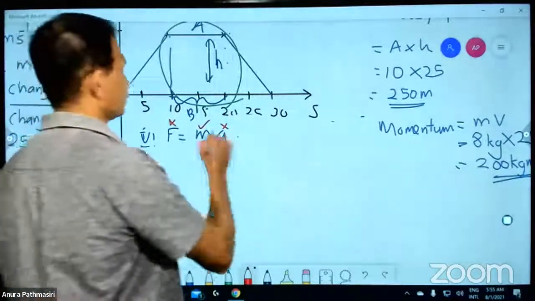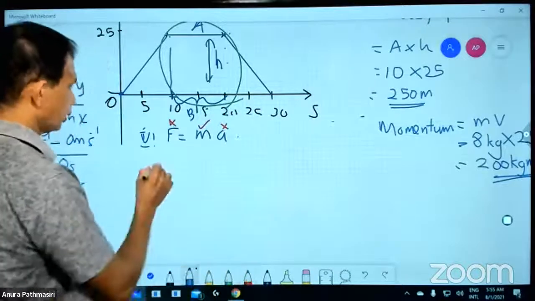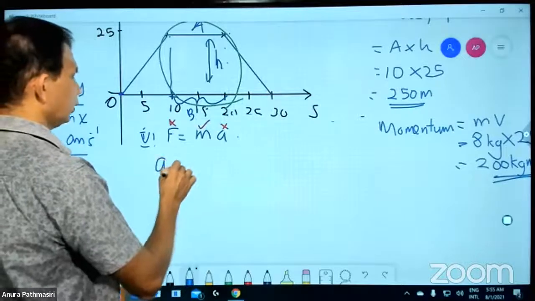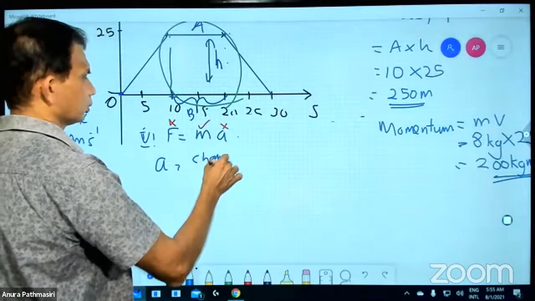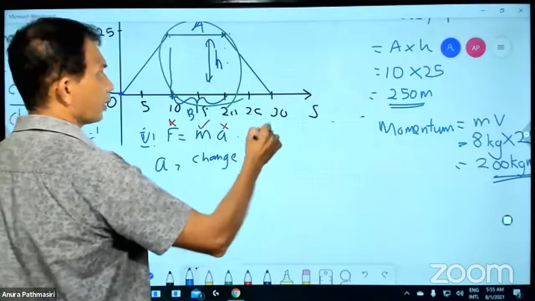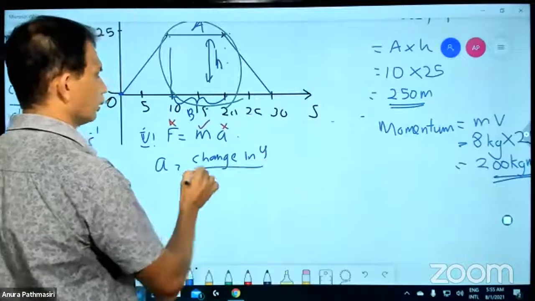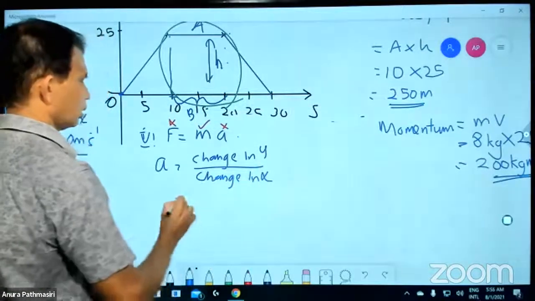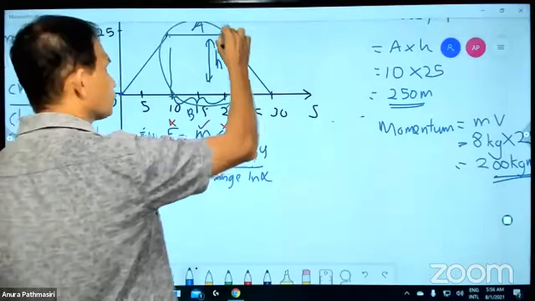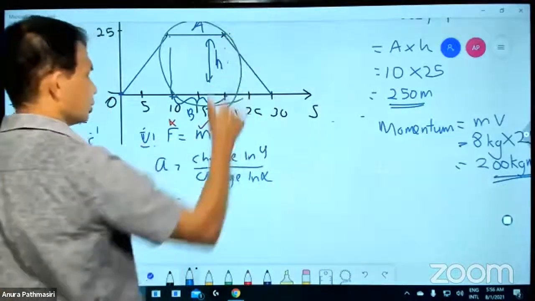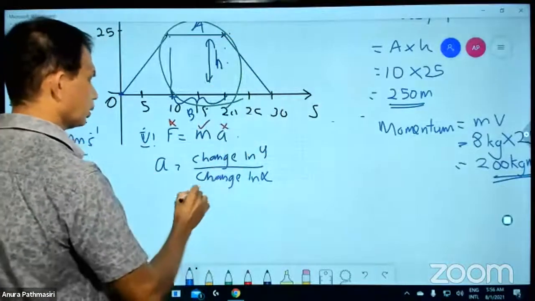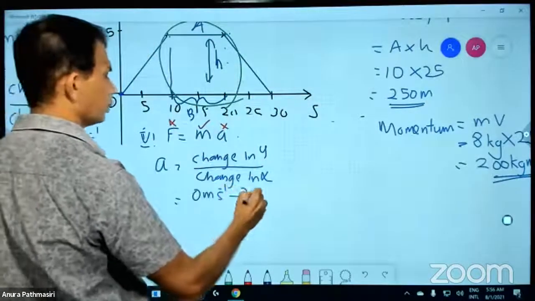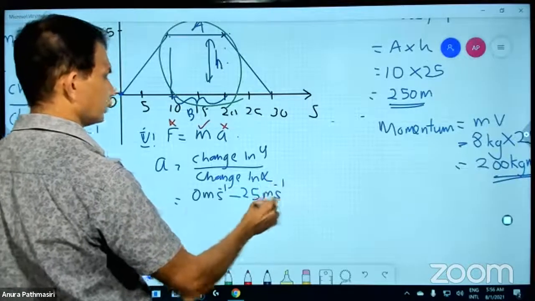Let's find out first the acceleration. So acceleration or the deceleration equals change in y divided by change in x. Change in y is final minus initial. Final velocity is 0 meters per second. Initial is 25 meters per second.